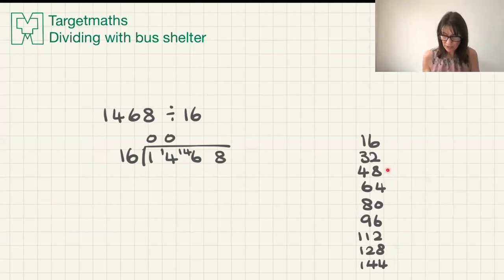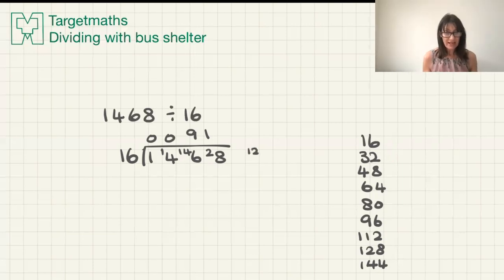So it's 1, 2, 3, 4, 5, 6, 7, 8, 9. So I can get 9 with just 2 left over. So how many 16s in 28? Well, that's too big, so I can only get 1. So 1. And then what have I got left over? I've got 12 left over.